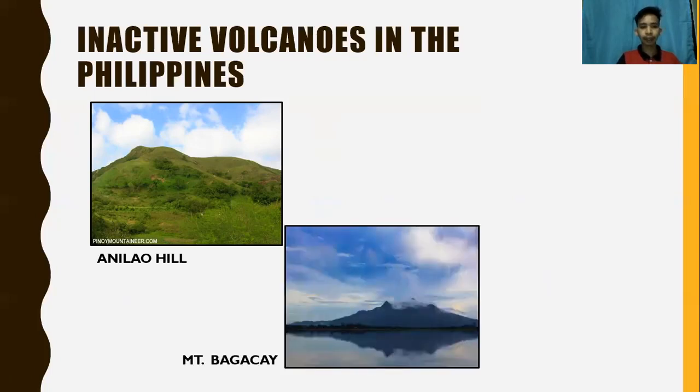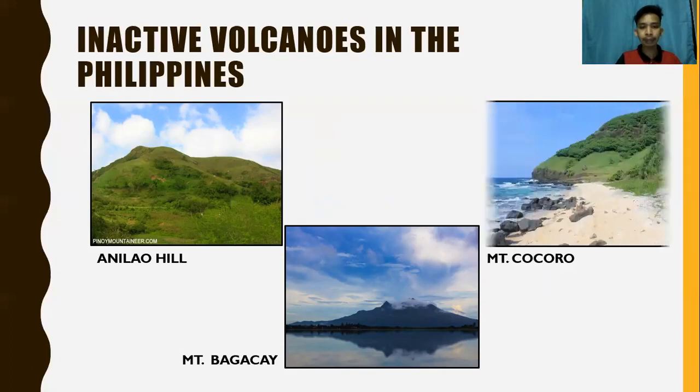Next, I have here Mount Bagakay, which is found in Camarines Norte. The last example is Mount Kokoro, which is found in Palawan. Again, we have Anilao Hill, Mount Bagakay, and Mount Kokoro. This group of volcanoes are considered to be inactive volcanoes.